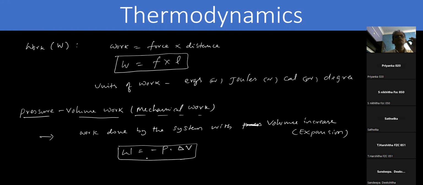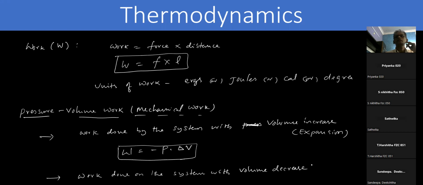If work is done by the system when volume increases or expansion takes place, this is the first case. Coming to the second case, which is work done on the system. Work done by the system on surroundings, work done on the system by surroundings, with volume decrease.